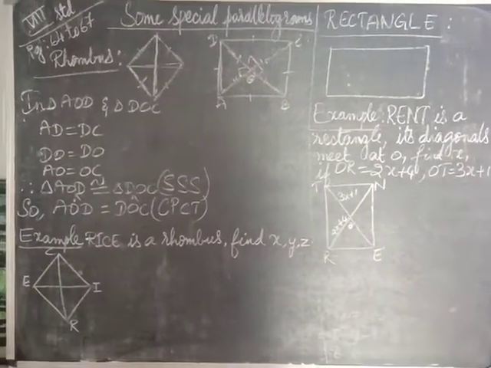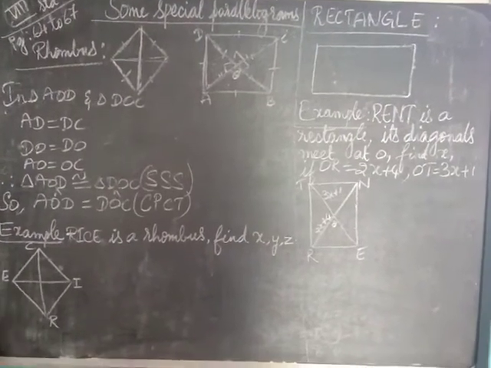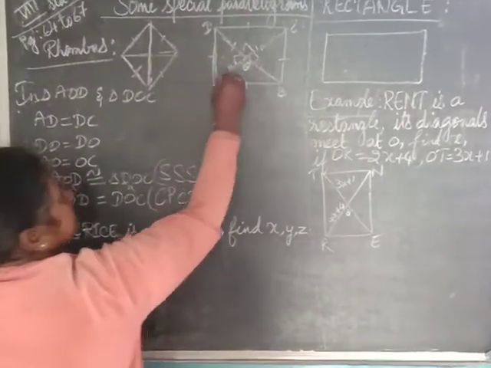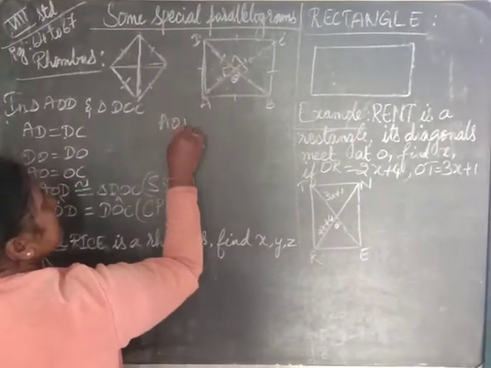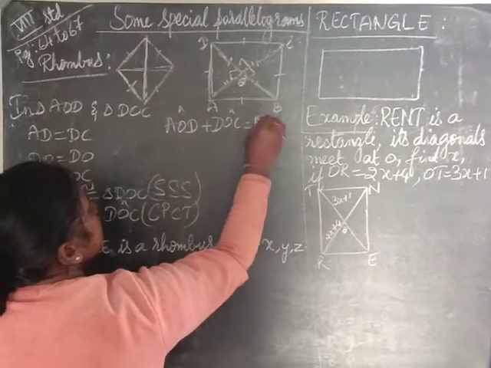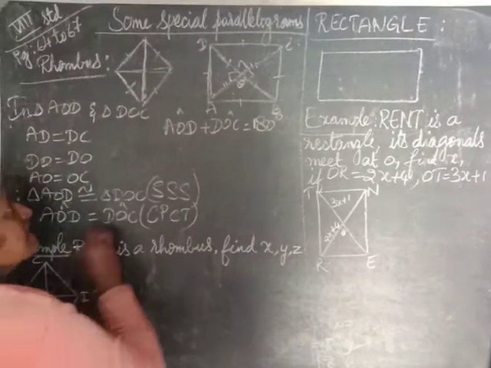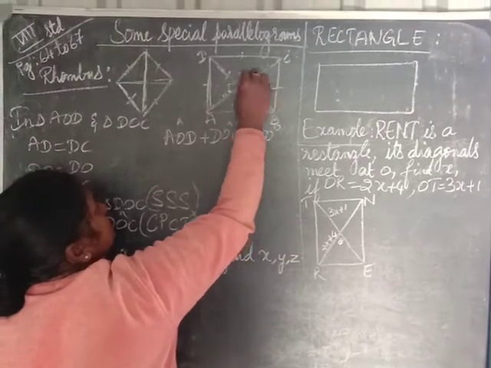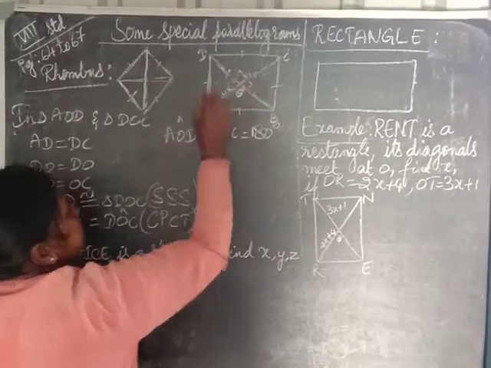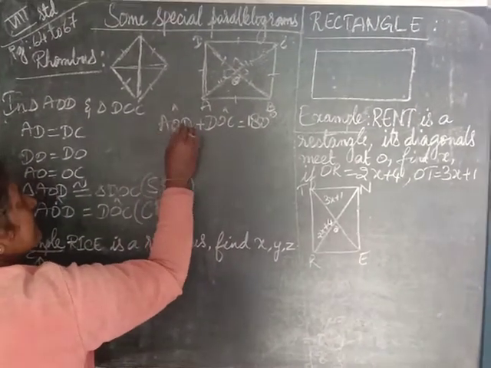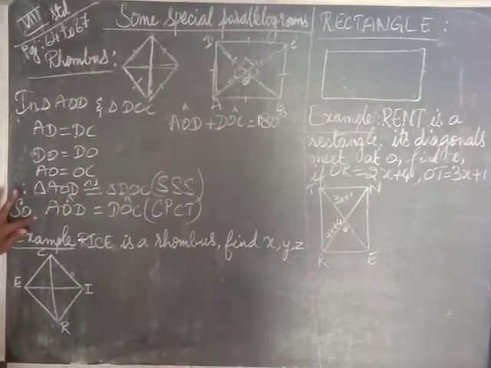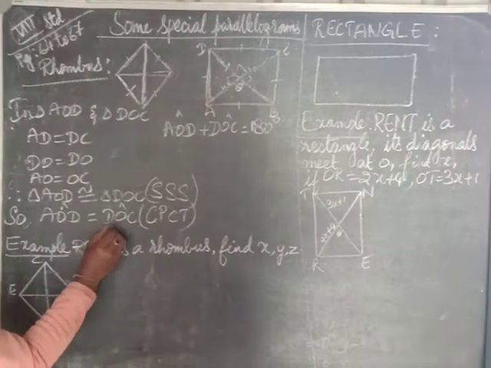Now, can we write angle AOD plus angle DOC is equal to 180? Yes or no, children? Why? Since it is a straight line, these 2 are supplementary, or adjacent angles. So angle AOD plus angle DOC is equal to 180 degrees, and we just proved angle AOD is equal to angle DOC.